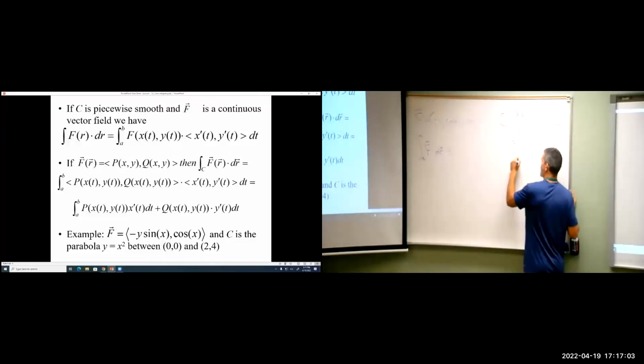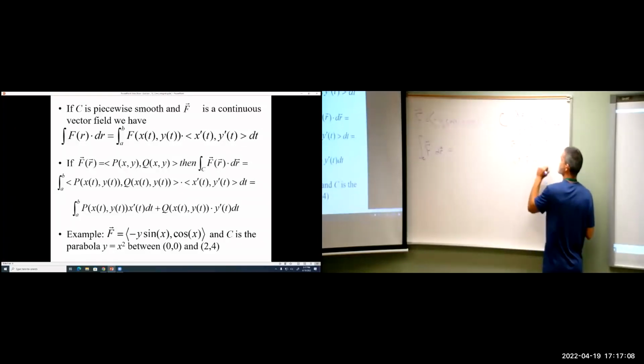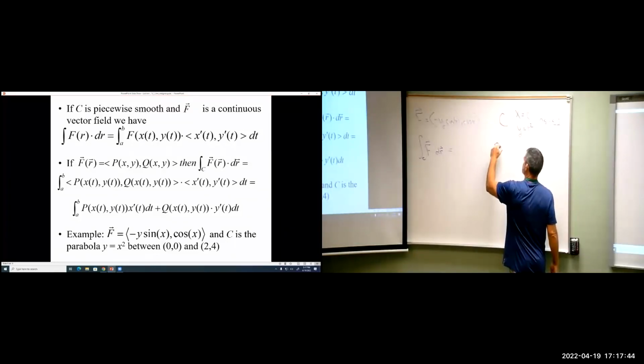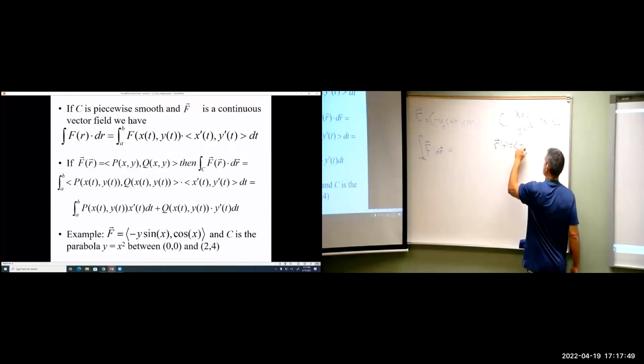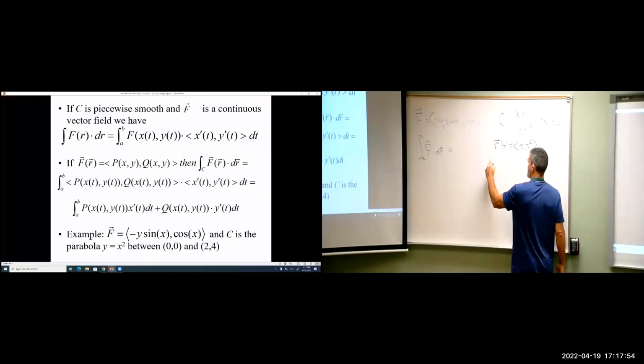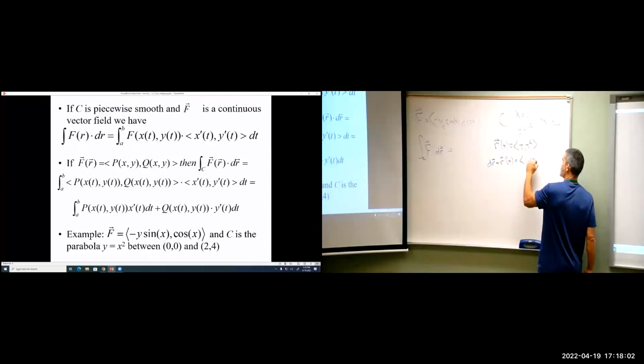Then dr, which is r prime of t, is 1 dt, 2t dt.